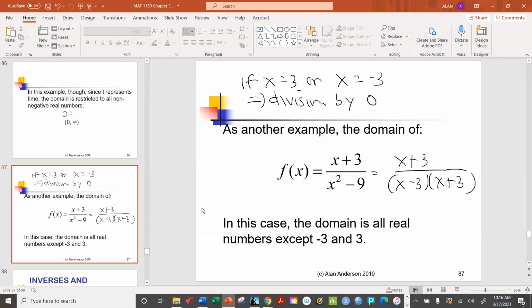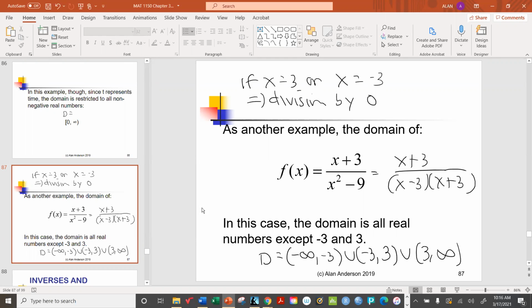So therefore, because we don't know what x represents, the domain would be defined as everything except -3 and +3, which we could write in this way that we've been doing. And remember, the way these expressions are written, when you see a rounded bracket or a rounded parenthesis like this, that means we do not include that number.